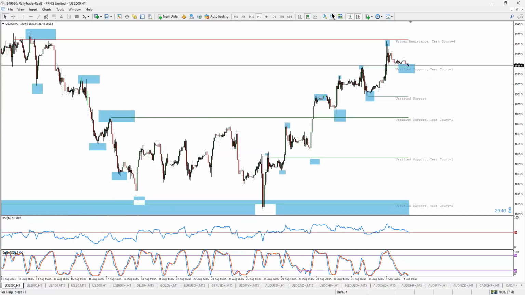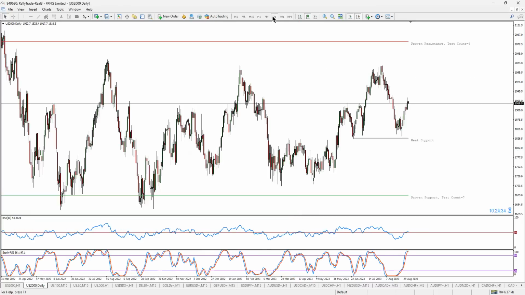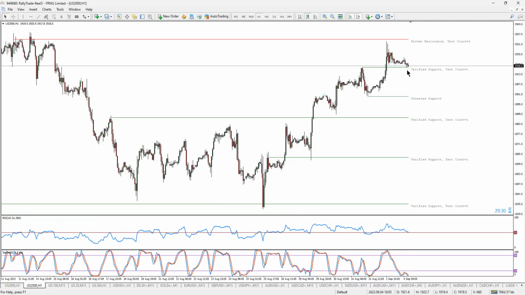So the first thing I want to do is, I'm on 1 hour. This is where the current candle is. What is the closest support and resistance now? Right now, US 2000 is not even moving because the market is kind of slow.